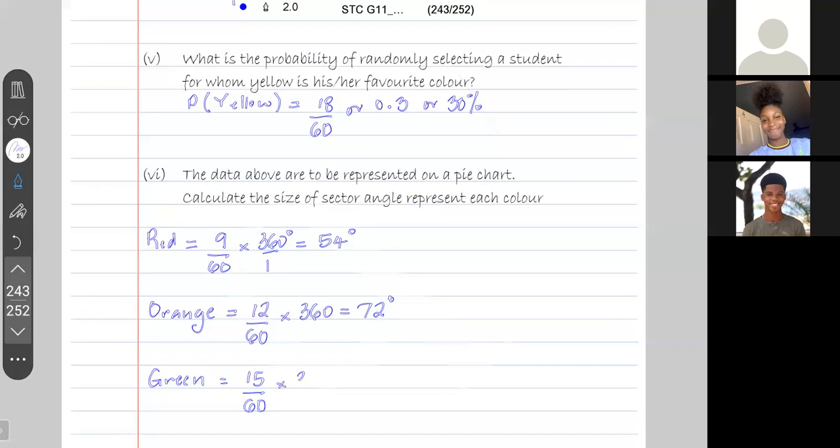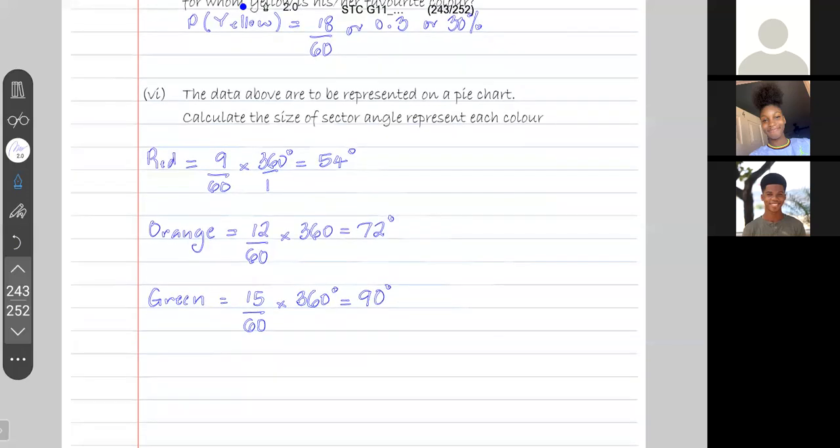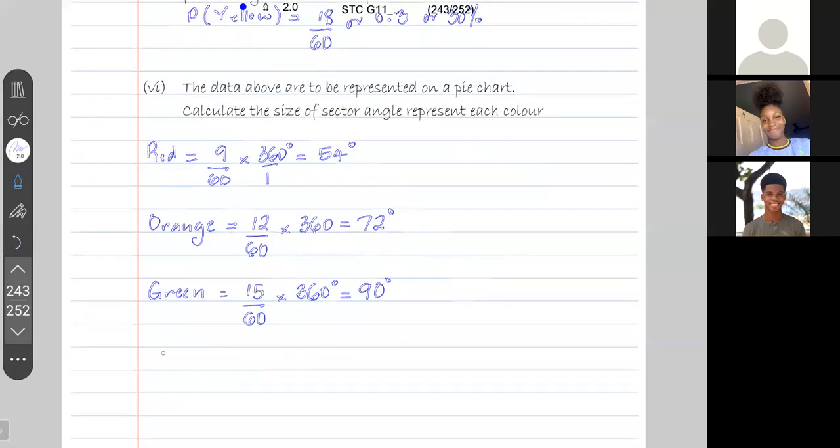All right, so I think this is 1/4, and 1/4 of 360 is 90 degrees. All right, so after that, now we have yellow.